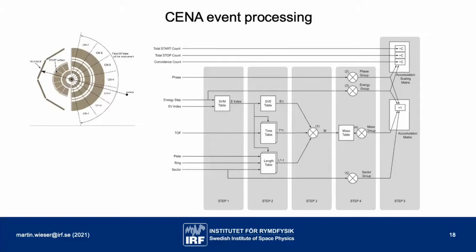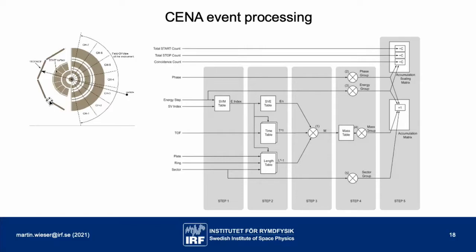So this chart here shows an overview of how individual TOF events are processed with the internal lookup tables, which compensate, for example, for different path lengths in the time of flight cell, mainly due to the fact that the stop microchannel plates are 4 flat pieces, so one gets slightly different path lengths depending on whether one starts, for example, on this start surface and hits this MCP, or one starts on this start surface and hits this stop MCP here.